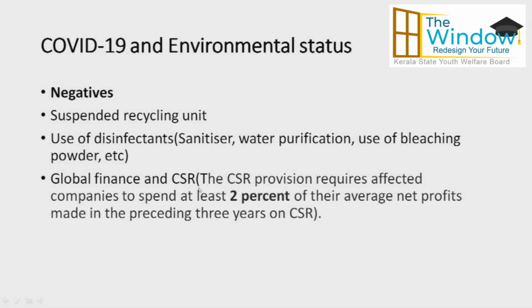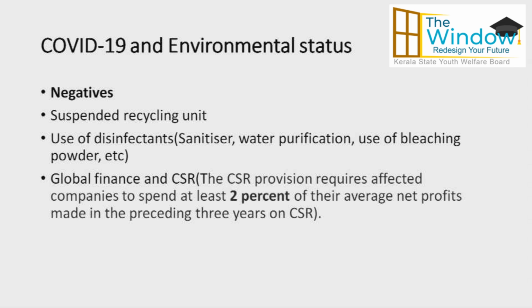Why do we say that a reduction in corporate social responsibility leads to reduction in the environmental status? Usually there is an environmental component in corporate social responsibility, meaning they can spend that amount to protect natural resources. So overall reduction in corporate social responsibility means there is a compulsory reduction in the environmental related aspects.